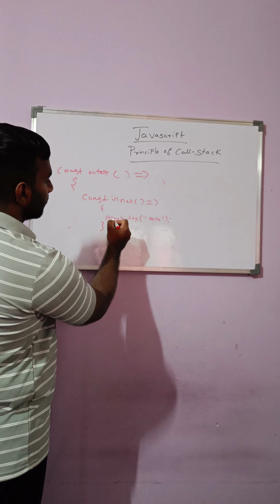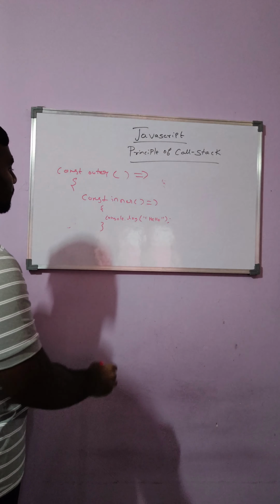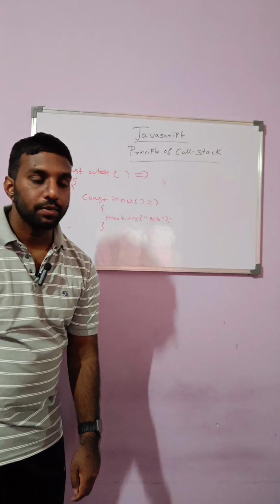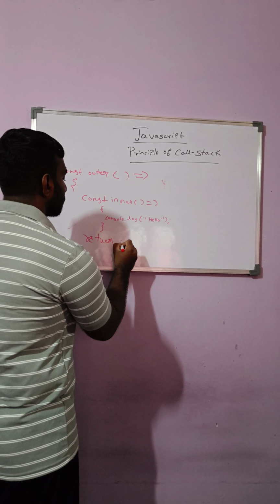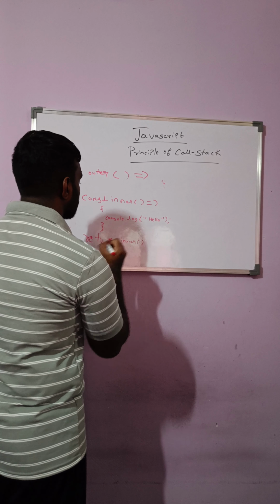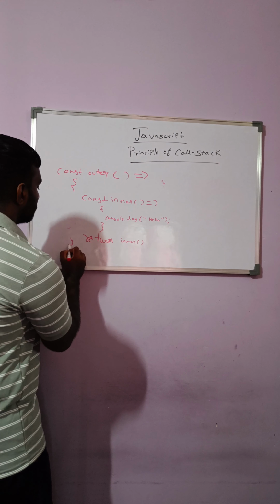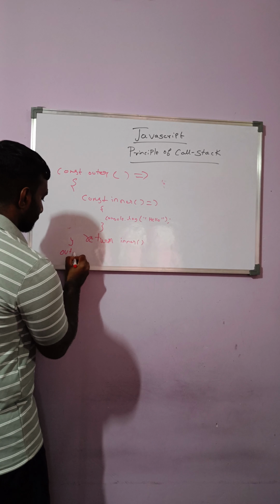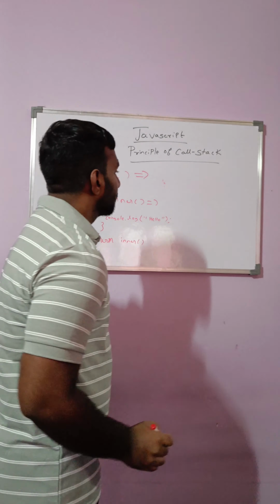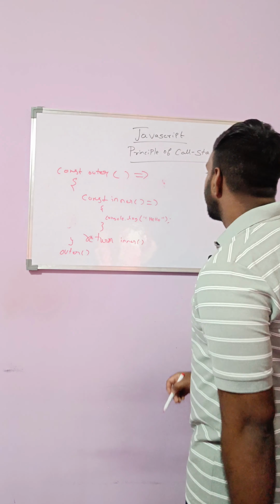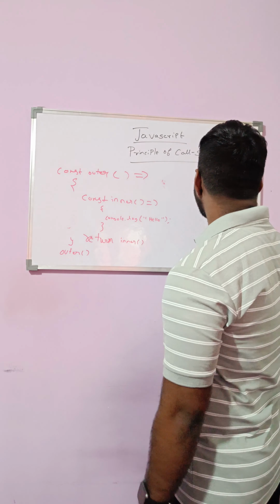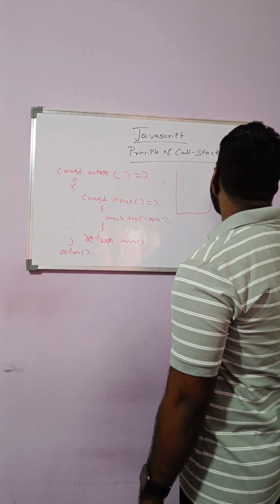Inside the inner function, I'm performing a console log statement. And inside the outer function, I'm going to return this inner function, and then I'm going to call this outer function. Just observe carefully. This is a simple explanation of the principle of call stack, how it works generally. So consider this as a call stack.